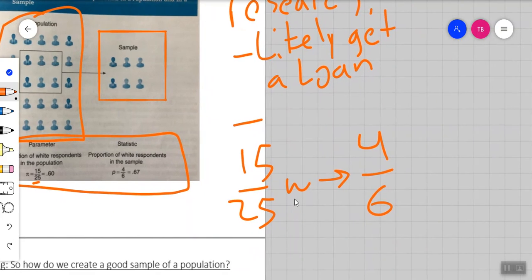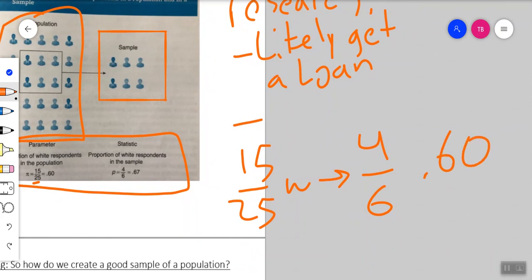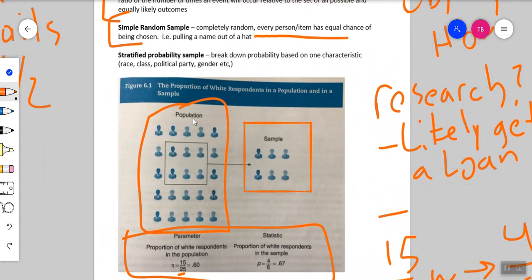It's not exact. If you translate this, it's 60% versus 67%. So it's not exact, but it's close. If you wanted to be a good researcher and control for that, you can make a better argument if your sample seems to reflect the population. That is a stratified probability sample, because you're stratifying your group based on a certain characteristic. It's basically the same idea as before, but you're looking for one characteristic.